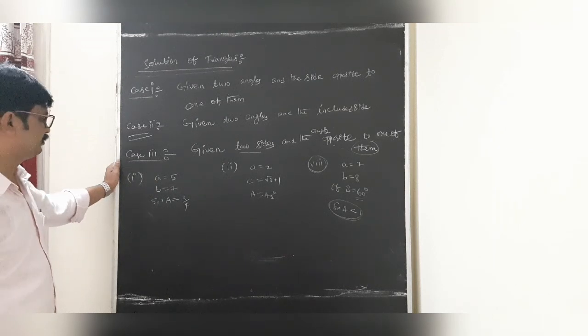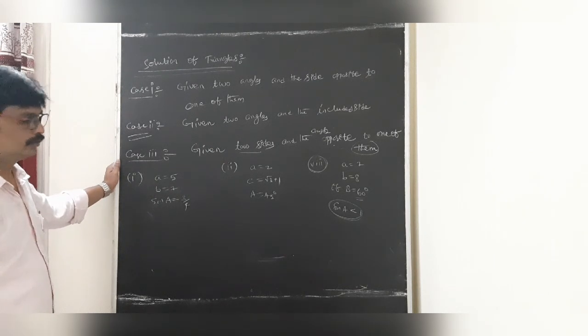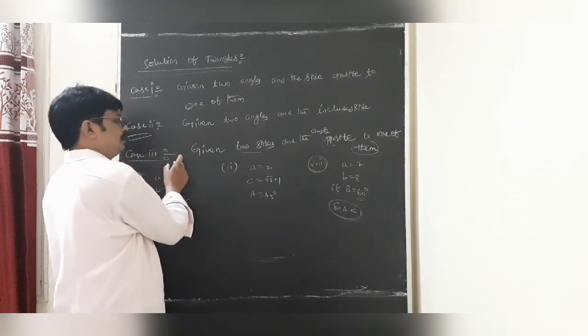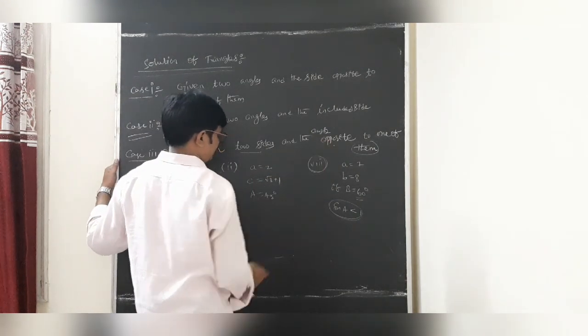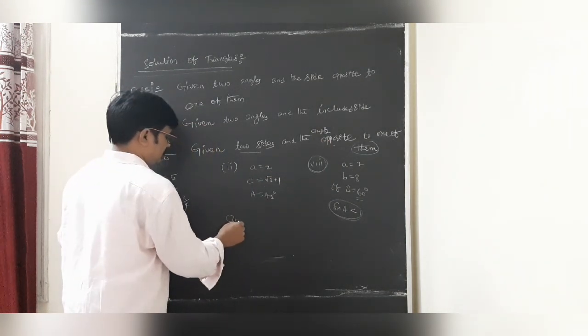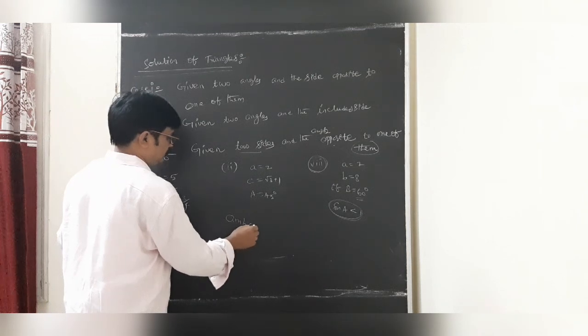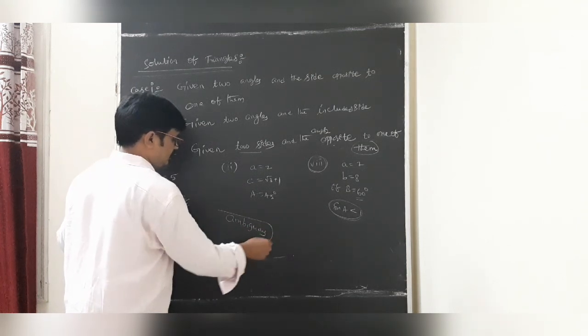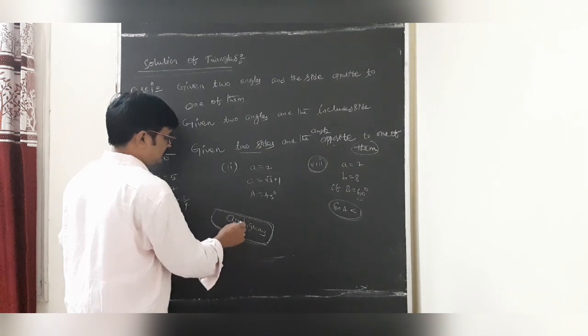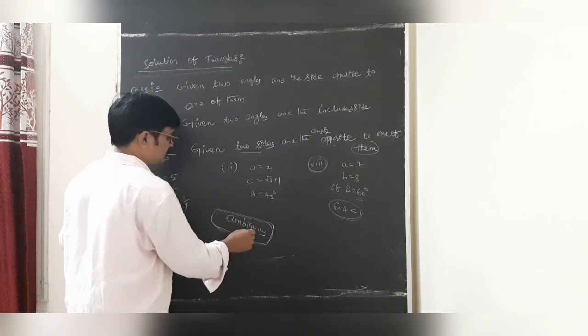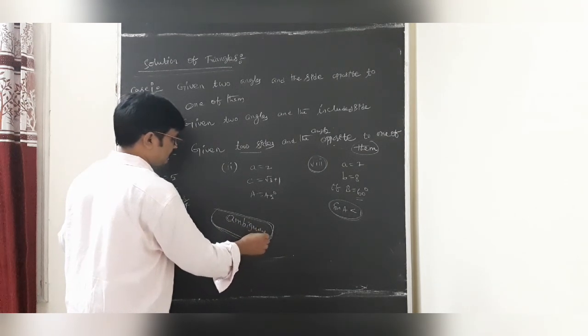Here I will take 3 cases. The third case is very difficult, students. You observe here, sometimes the triangle does not exist; that case is called ambiguous.